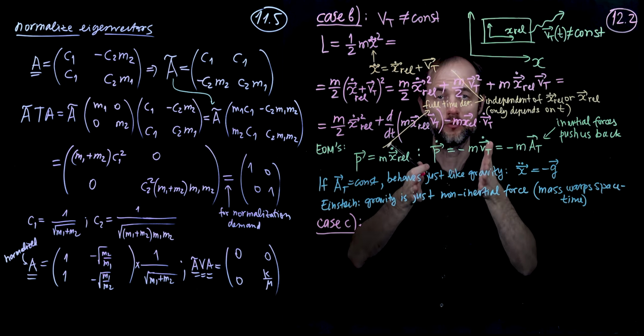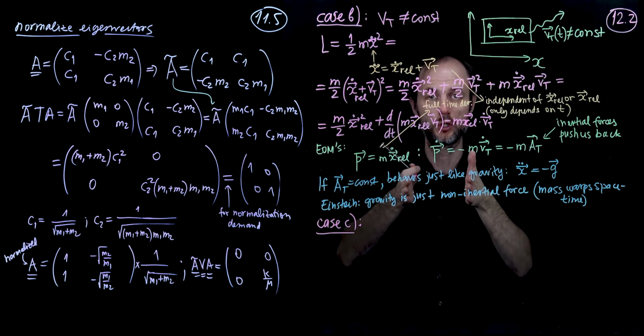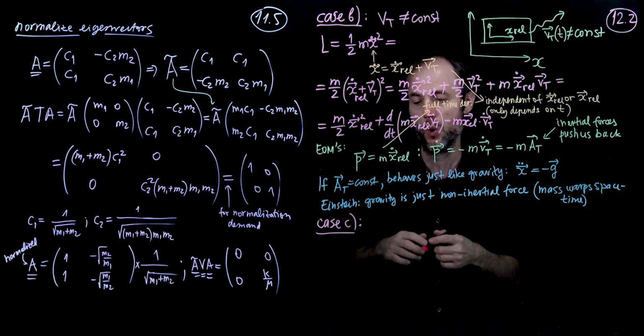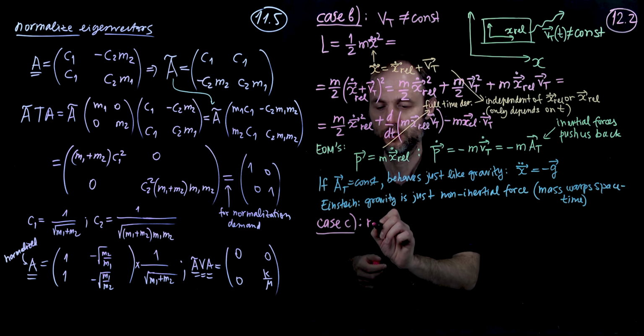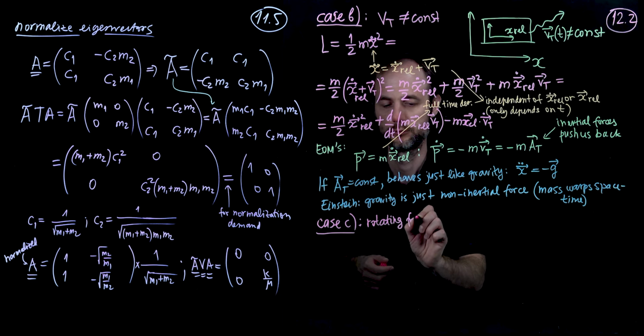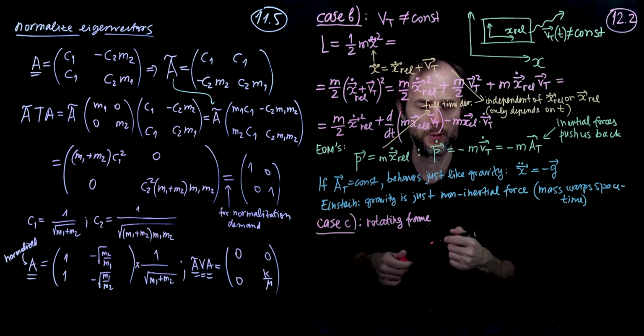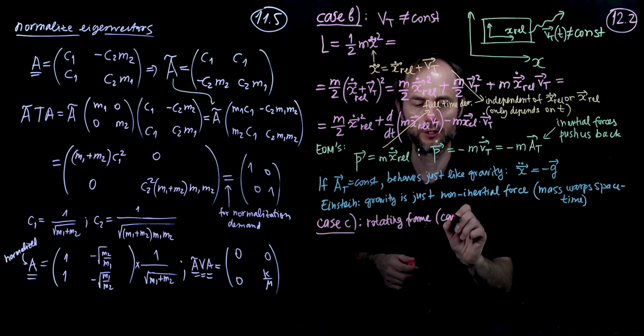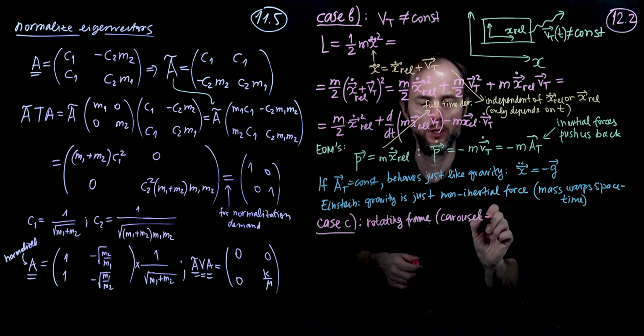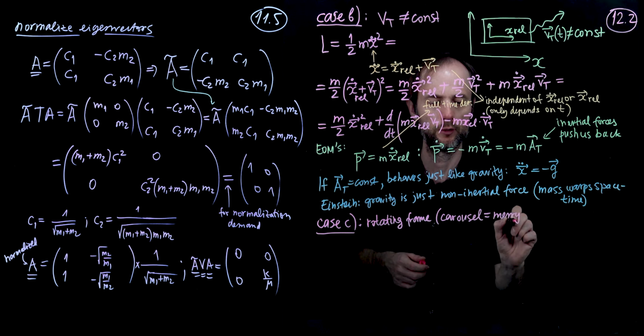It was always going forward and kind of moving sideways or slowing down or accelerating. Whereas in this case, we're going to consider rotation. As an example of such a frame, you can consider a carousel or a merry-go-round.